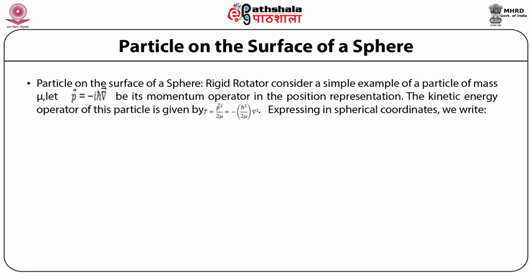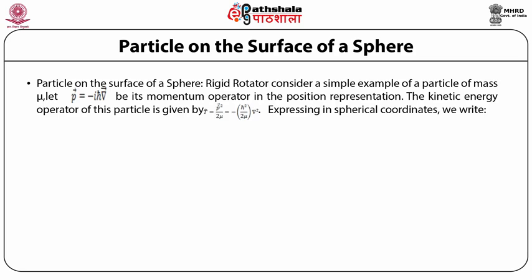Then for such a linear momentum operator, the kinetic energy operator of this particle is given by T equals operator p squared by 2 mu, and this is equal to minus h cross squared by 2 mu del squared.